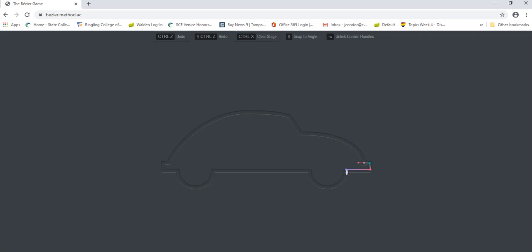I'm going to make a curve from this point to this point, and then I'm going to use my control handle here to bend that thing around. Now I should be able to keep this horizontal and get that to work. So that works. And if you bend it in here, it bends it close to this point.